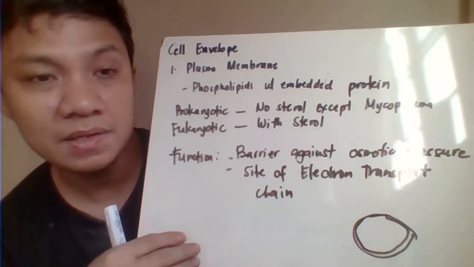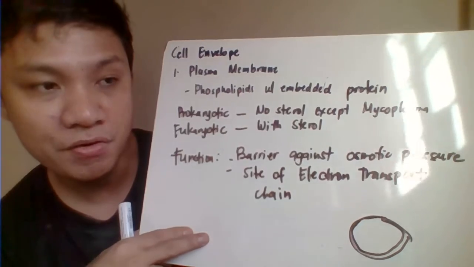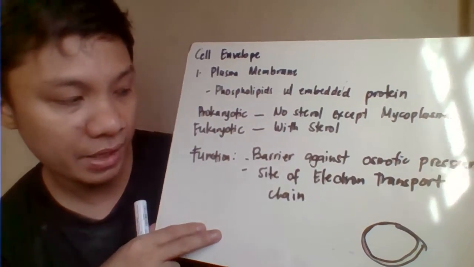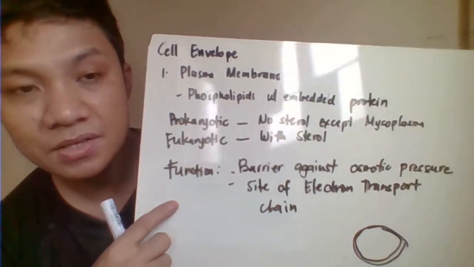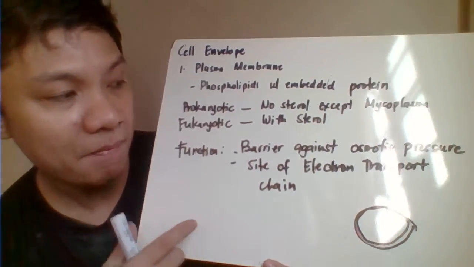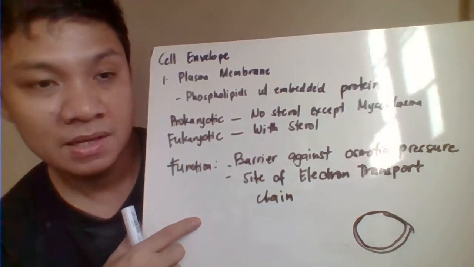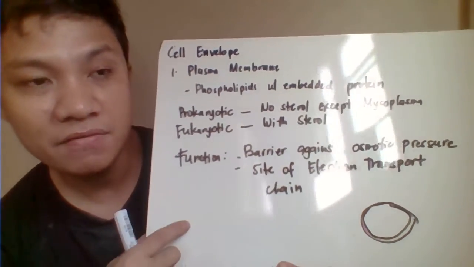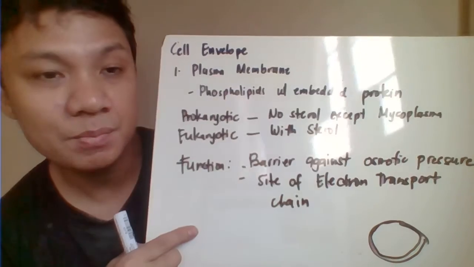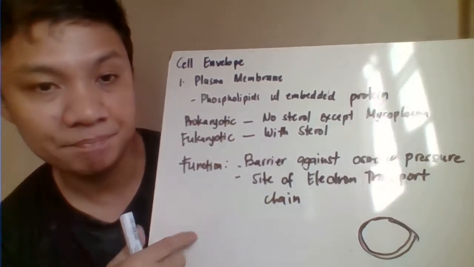Usually, the sterol is the main component of the plasma membrane of eukaryotic organisms. As for the function of your plasma membrane, it provides an osmotic barrier against the osmotic pressure. Another one is the site of your electron transport chain where they produce energy or ATP.